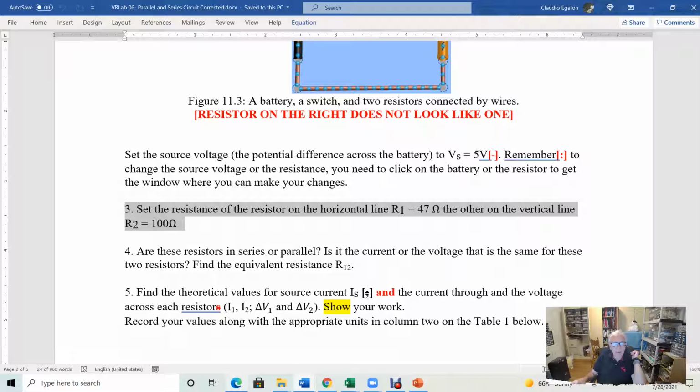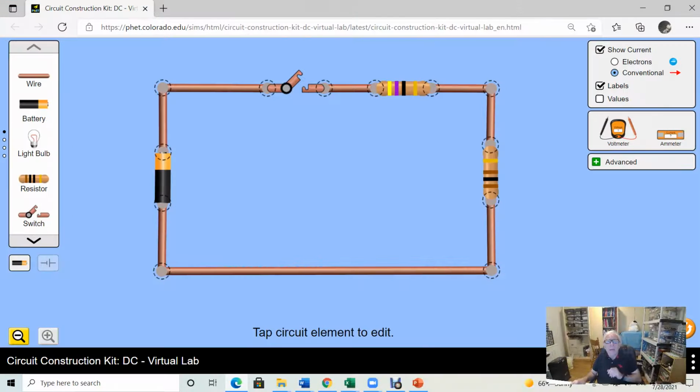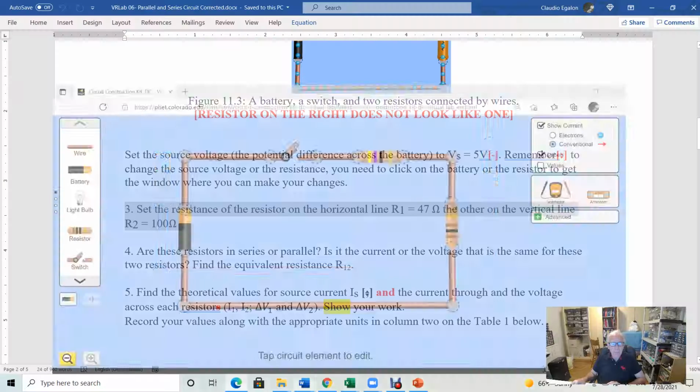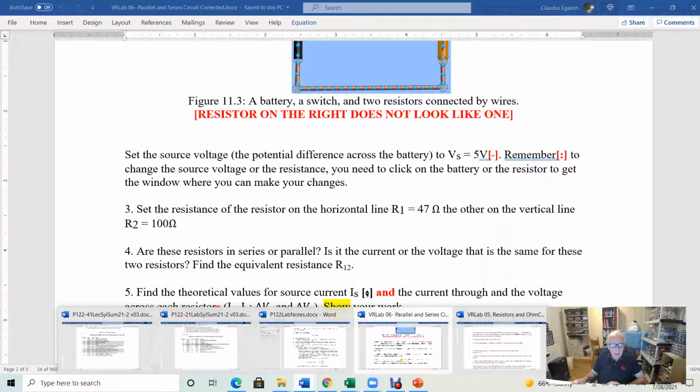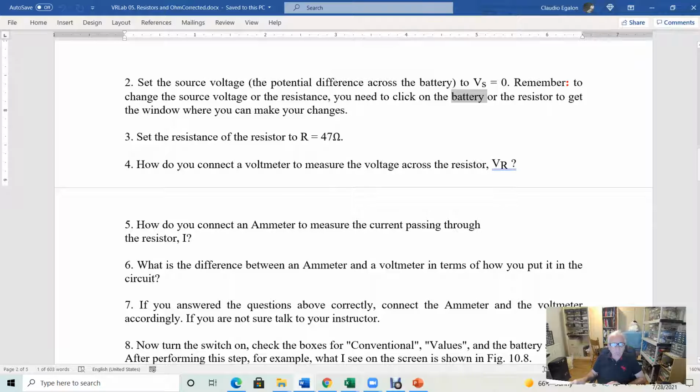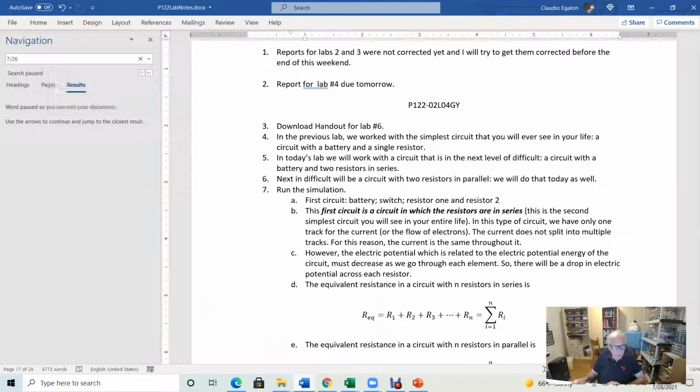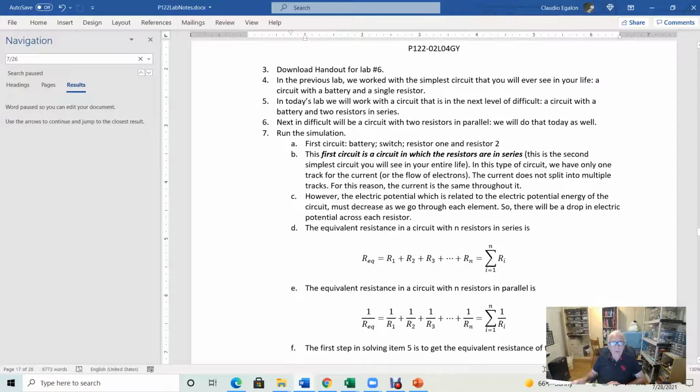What next? Oh, find the equivalent resistance. What I didn't tell you is the equivalent resistance of this circuit. For resistors that are combined in series, we can prove that mathematically, by the way. When you combine resistors in series, they act as though they are a single resistor with a resistance equal to the sum of the elements. We call that the equivalent resistance of a circuit.